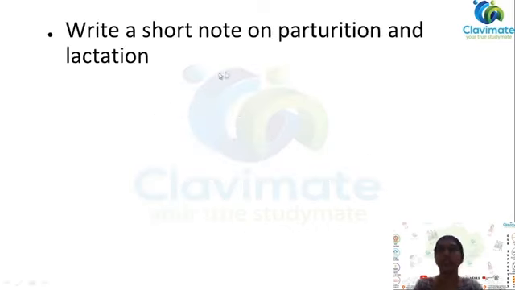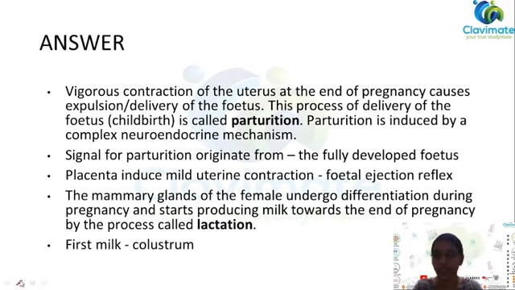Okay. The last question: write a short note on parturition and lactation. After 9 months, there is a vigorous contraction of the uterus where the delivery of the fetus occurs. This process is called parturition.